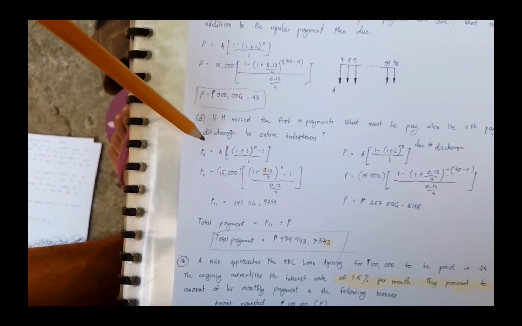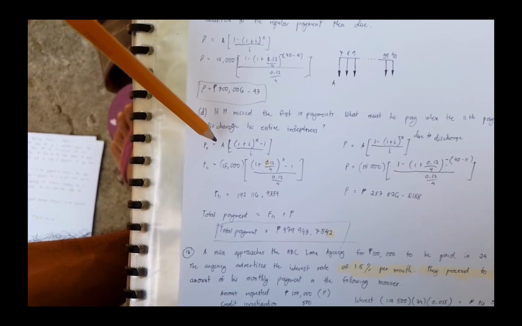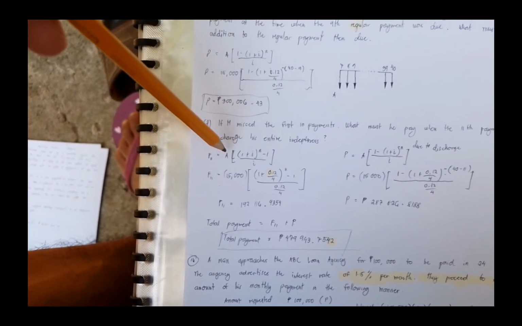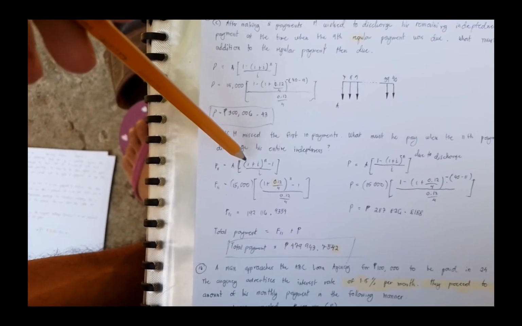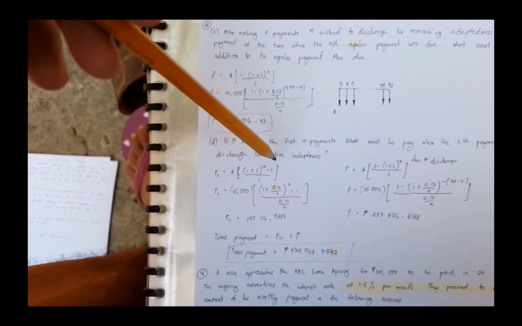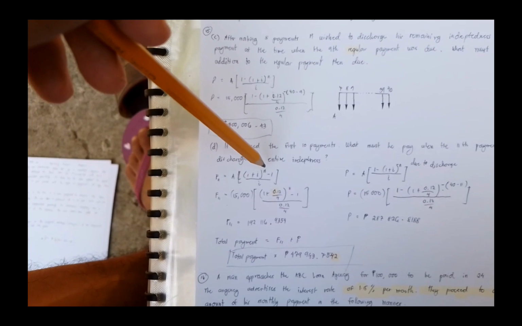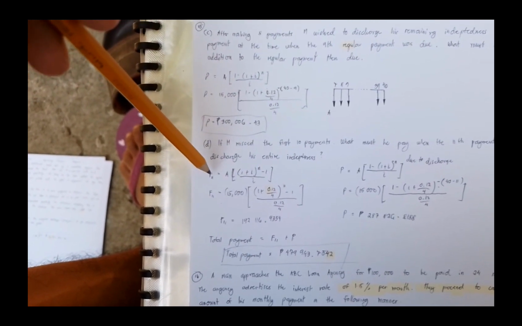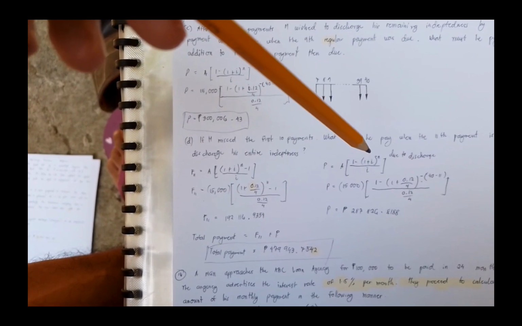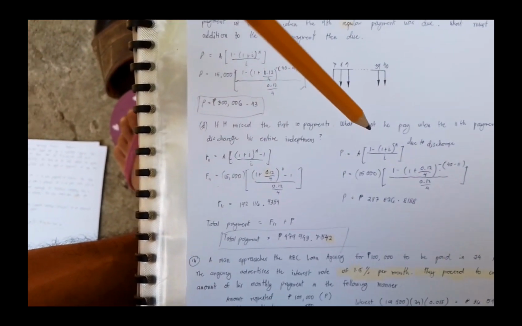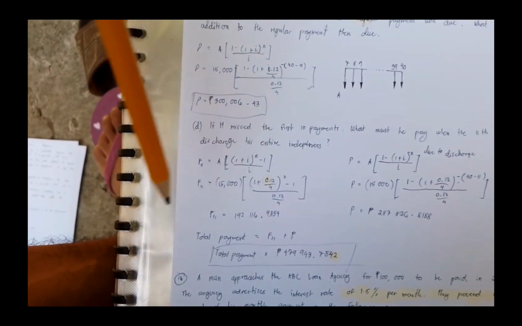So compute F11: annual payment times the quantity of 1 plus i raised to n minus 1. It is positive because we are looking for the future amount. It is not negative, because for the present value we would look for it differently.